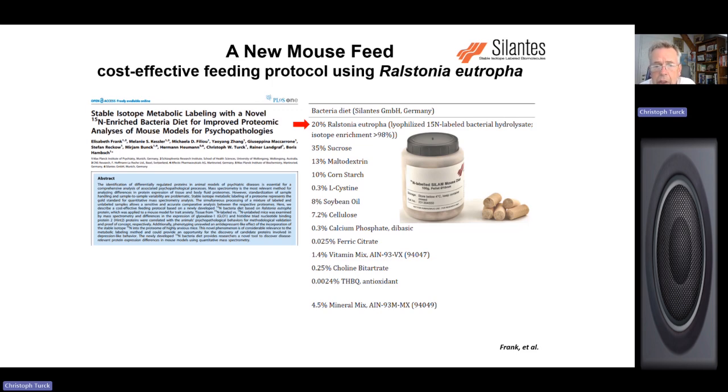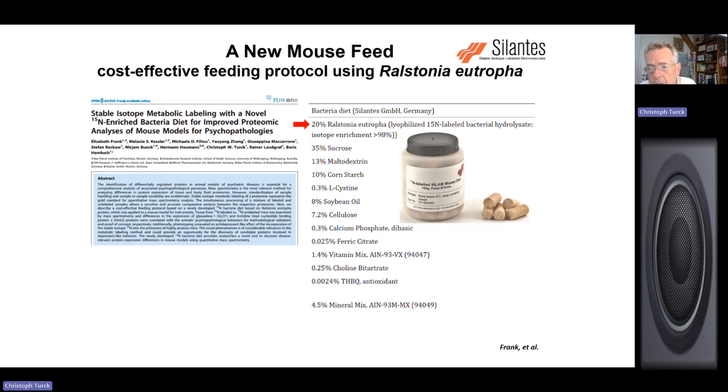We asked them, can you also develop a mouse feed that allows us to 15N label mouse models?